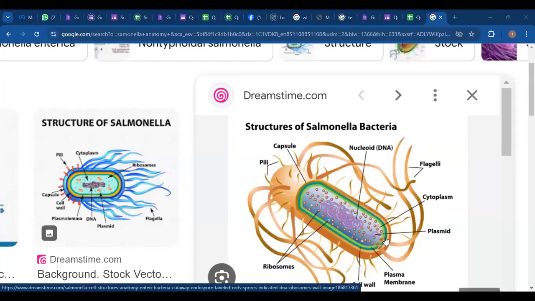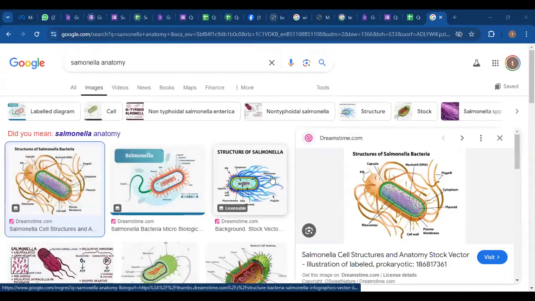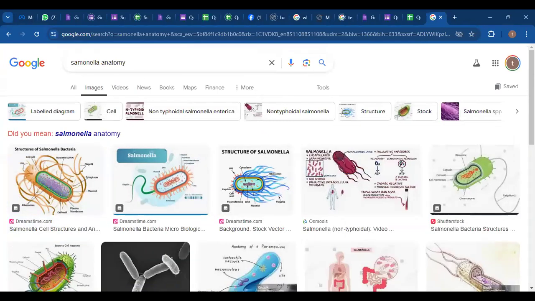Just like plants, they have a cell wall too, but they're not plants, and they're not really animals. They're bacteria. Where are they found? You find them in meats, in stuff that is decaying, stuff that is spoiling, like a dead animal.